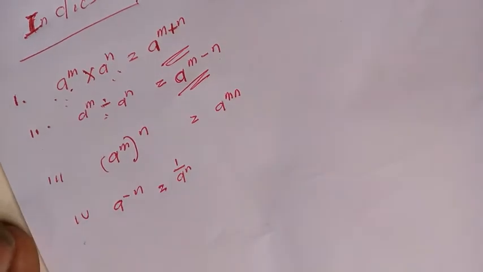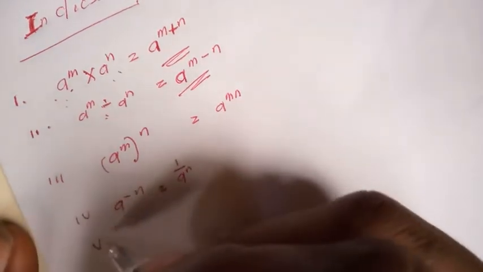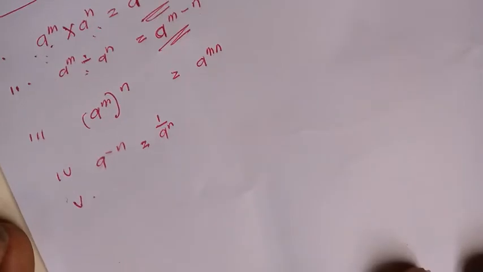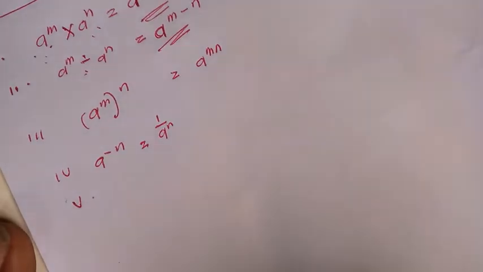Then another scenario we're having here is: what if we're having a to the power m over n? How can we solve this? Don't mind that this is a power, right?